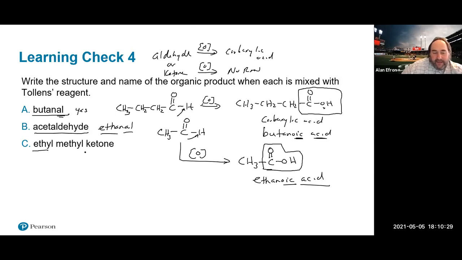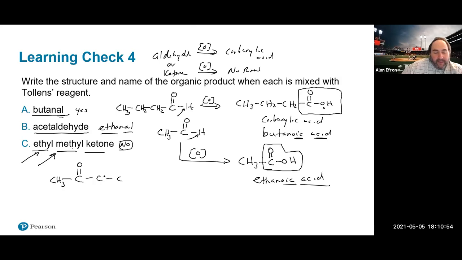Ethyl methyl ketone. Well, first off, we know it's a ketone, so right away, no reaction is really going to happen. This is a common name for a ketone. So again, that's kind of like what we did with ethers. Common name means carbon-oxygen double bond. On one side is an ethyl group, which is a 2 carbon group. Other side is a methyl group, which is a 1 carbon group.